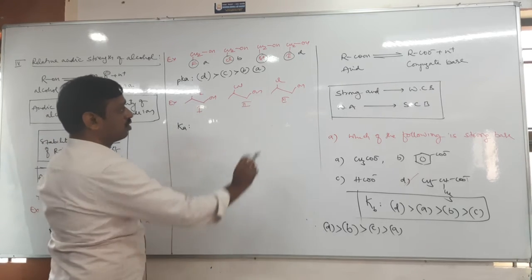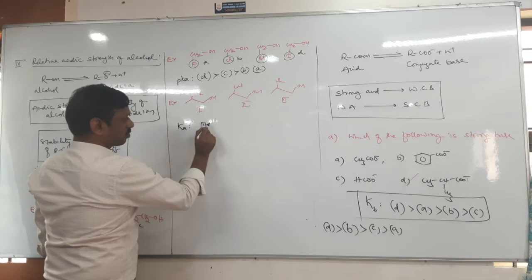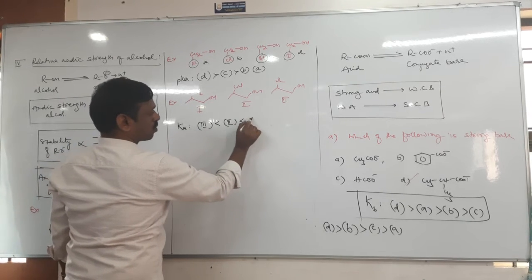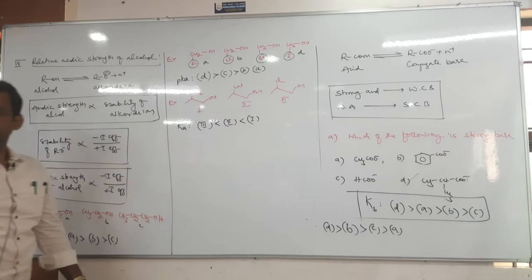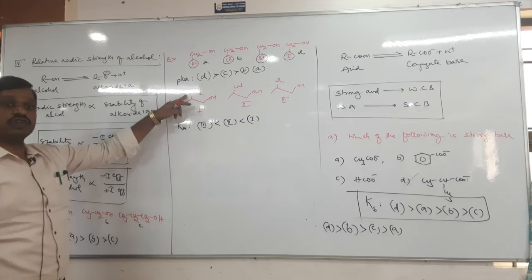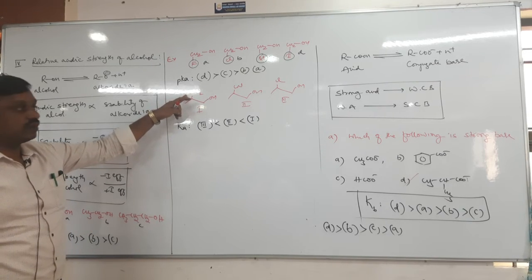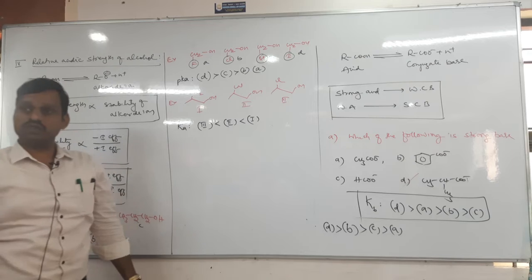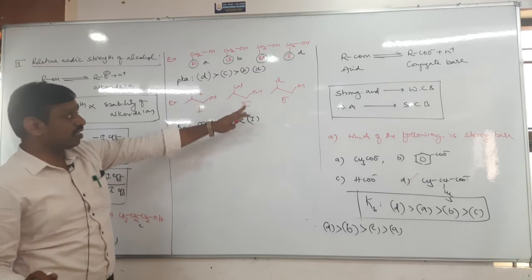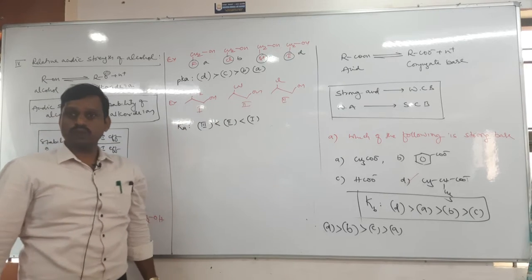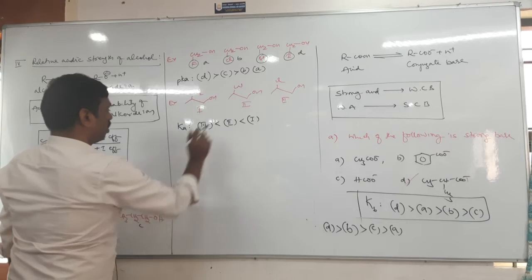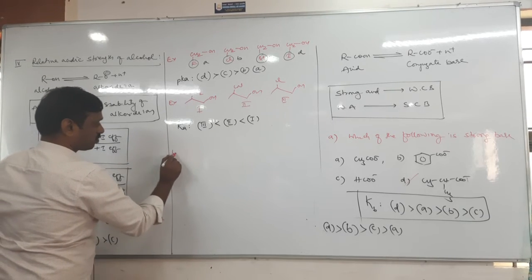In increasing order, 3 must be least. Next is 2, then 1. Because NO2 is the strongest minus I group. The next is CN, then Cl comes. I told you, the majority of questions are based on this only: either halogen, CN, or NO2. Right? Next, one more.